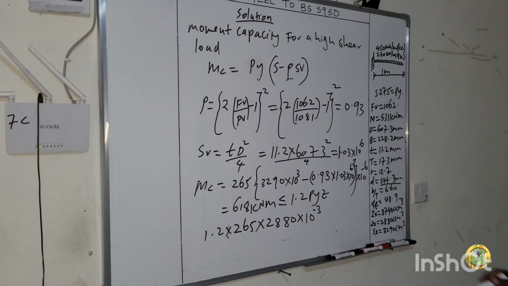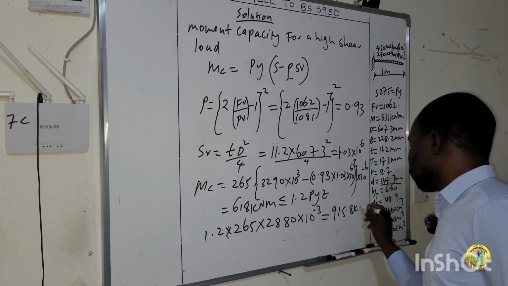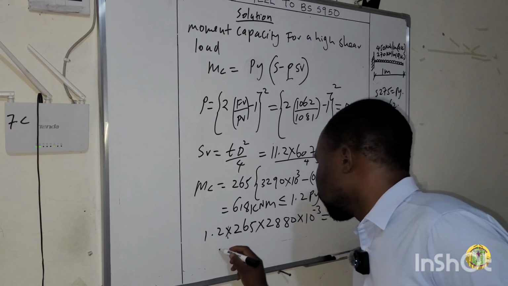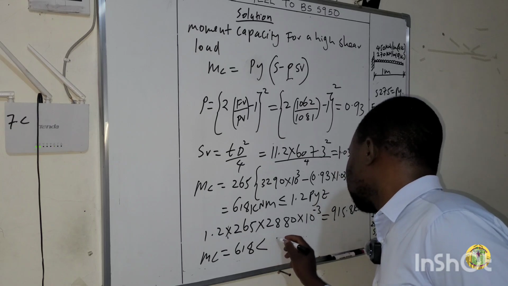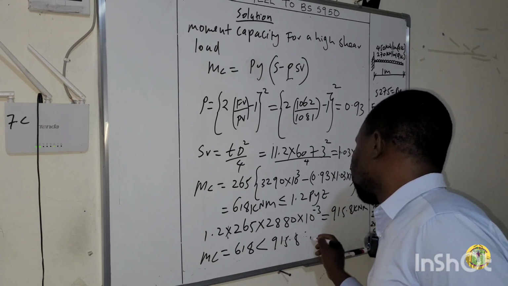So this one is equal to 915.8 kilonewton meter. So therefore MC is equal to 618, which is less than 915.8. Therefore OK.